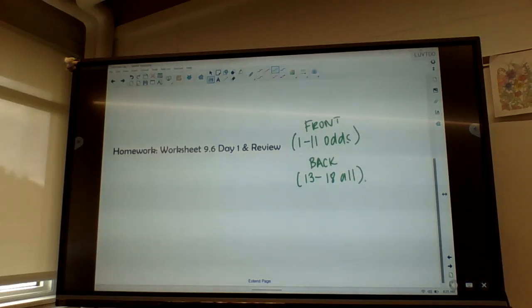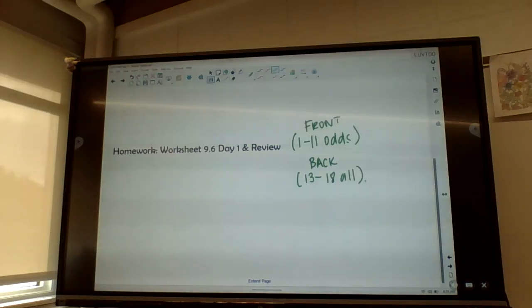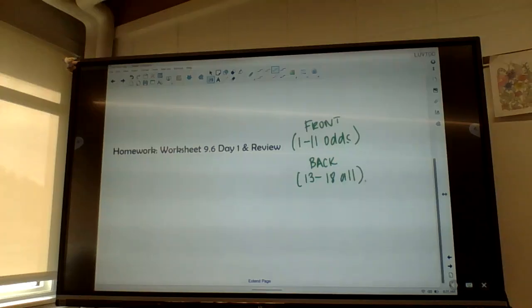And the front, if you're unsure what we should be doing, it says to factor completely. This is the reverse FOIL. Then it tells you grouping, and the back side is the new stuff we just learned. So front is odds, back is all.